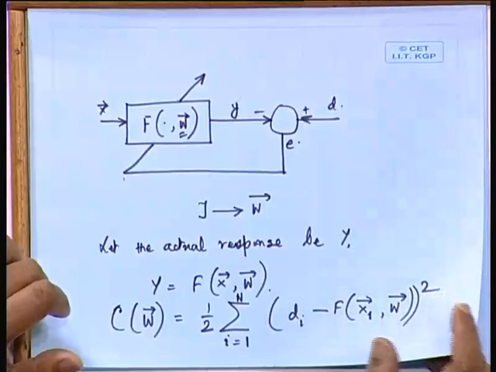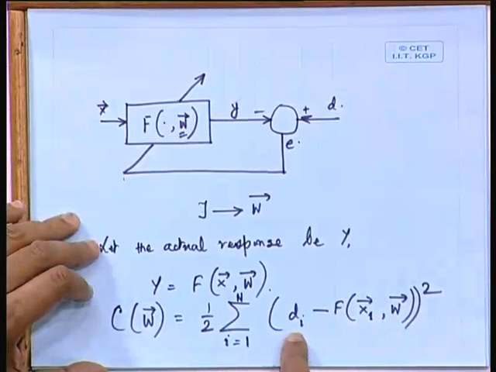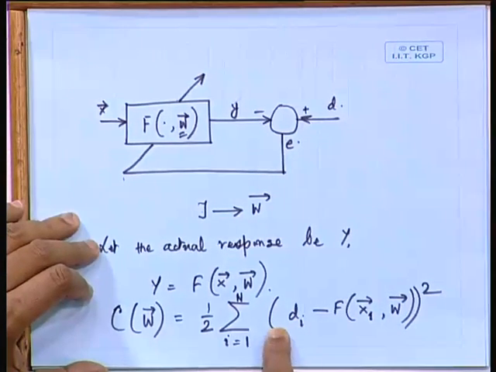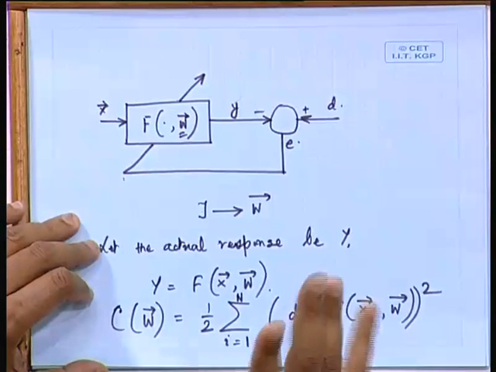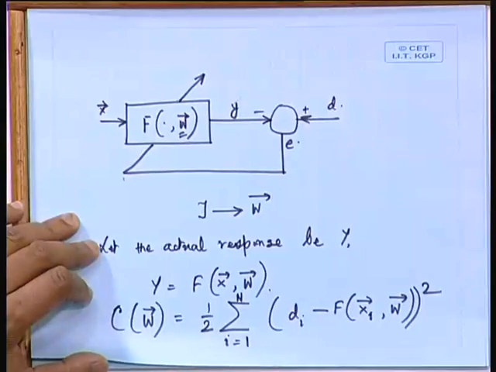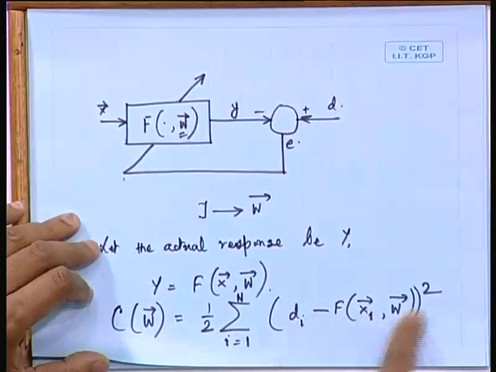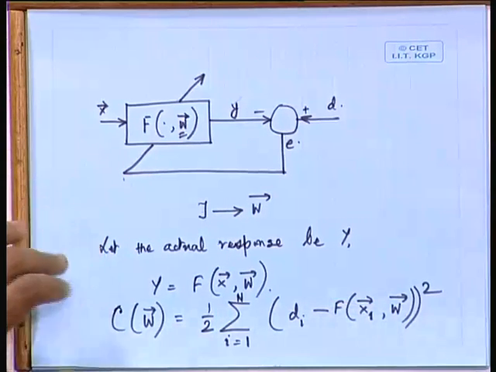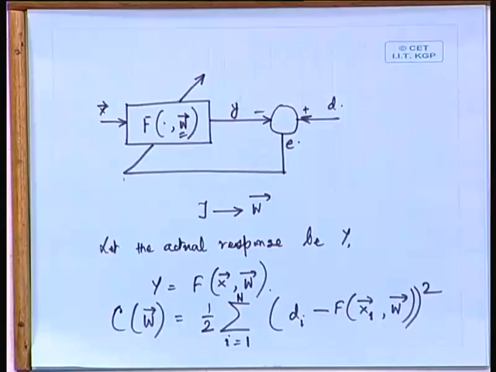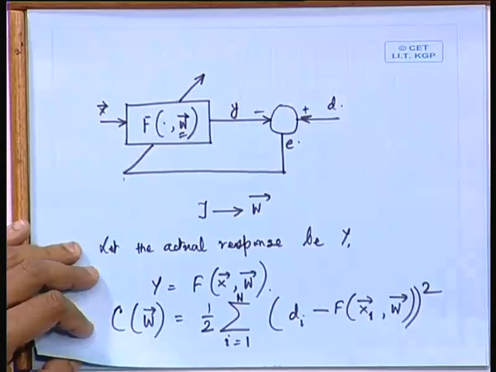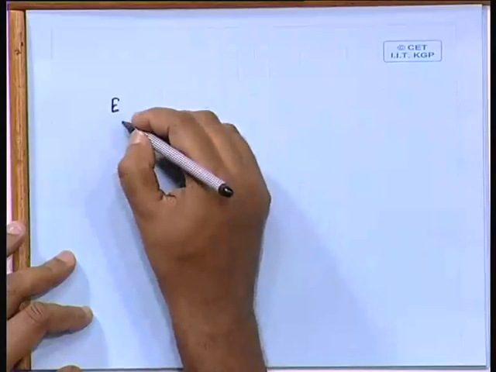Now, here we are getting only the error between d_i and f, but our objective is to get an expression where we have a relation between f(x) and the error between f(x) and this f. So we have to reach there. It is not very difficult to obtain that. Before we do that, there are some things which we have to define.